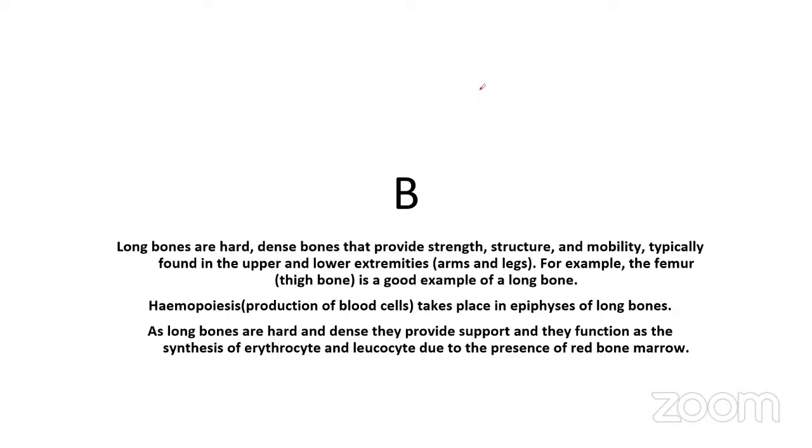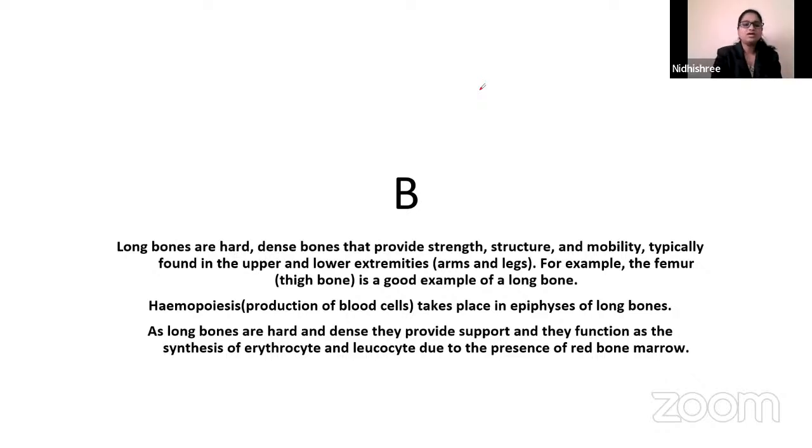Long bones are hard, dense bones that provide strength, structure and mobility, typically found in upper and lower extremities, arms and legs. For example, the femur, thigh bone, is a good example of a long bone. Hemopoiesis, production of blood cells, takes place in the marrow cavity of long bones. As long bones are hard and dense, they provide support and they function in the synthesis of erythrocytes and leukocytes due to the presence of red bone marrow.